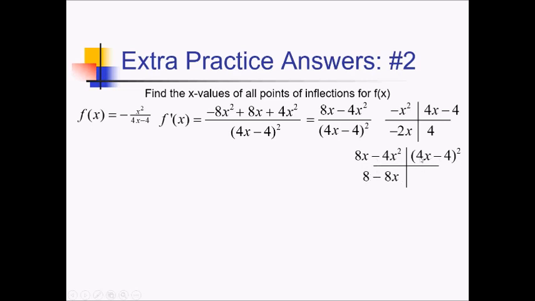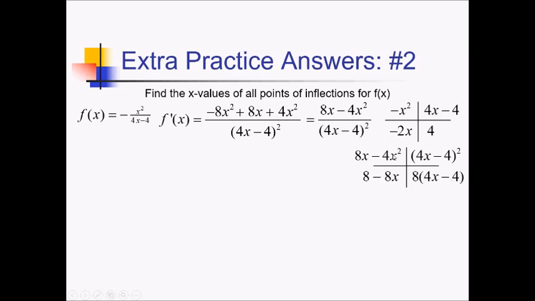And over here, I'm going to need to use the chain rule. So this is going to be 2 parentheses 4x minus 4 times a tail of 4. So if I simplify that a little bit and I multiply this 2 here with the tail of 4, that's going to be an 8 times 4x minus 4.